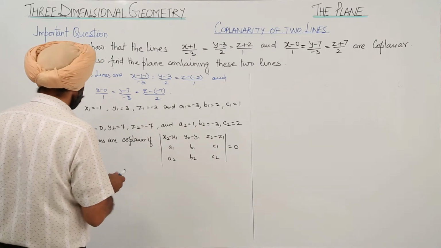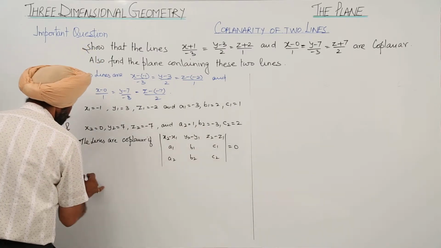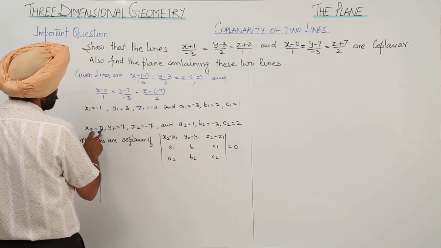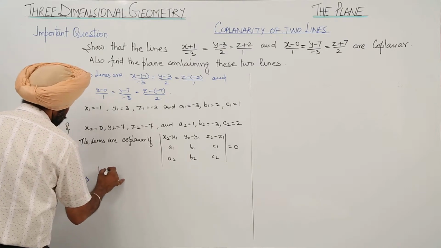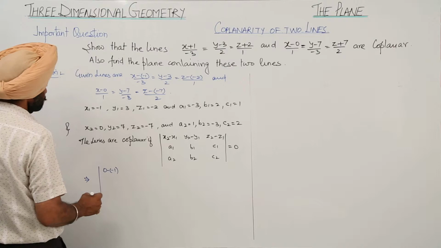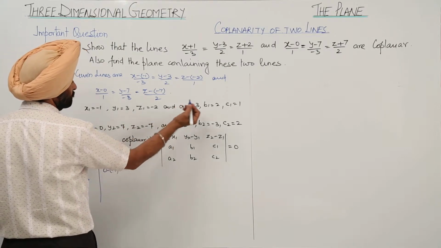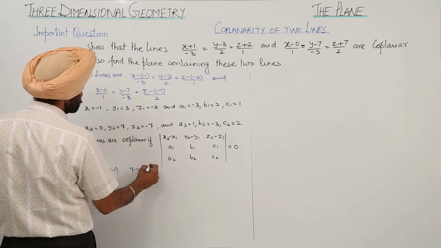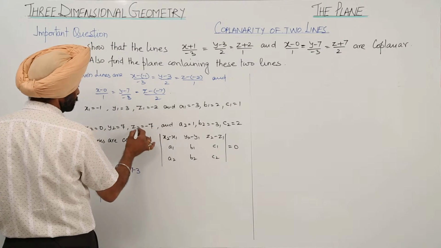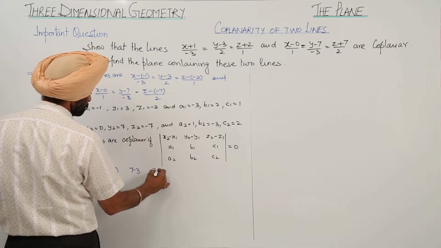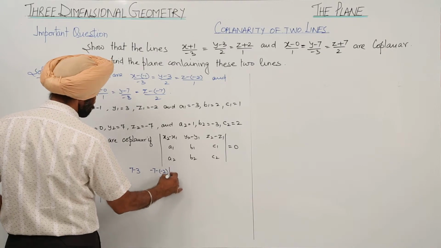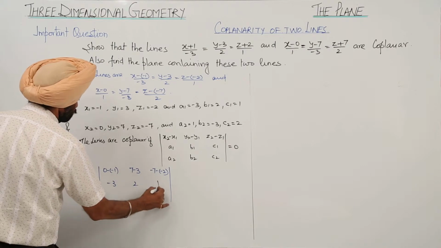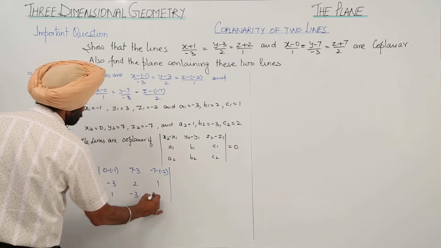Now this implies, x2 minus x1 is 0 minus minus 1, y2 minus y1 is 7 minus 3, and z2 minus z1 is minus 7 minus of minus 2, then minus 3 2 1 and 1 minus 3 2.